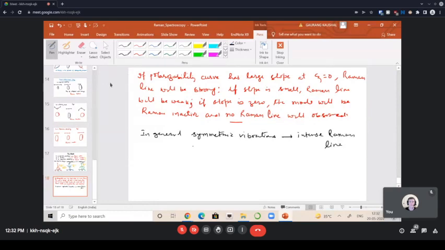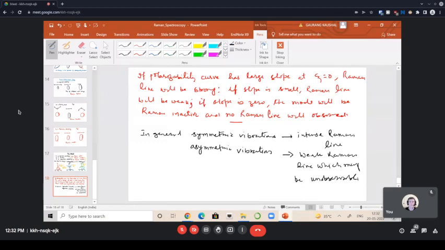Okay, and asymmetric vibration will give you the weak Raman line, which may be unobservable, not observed.